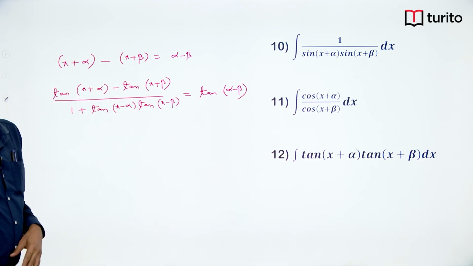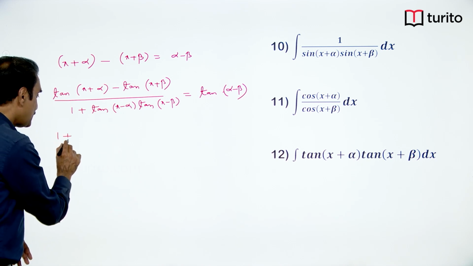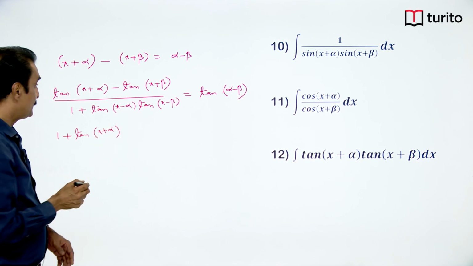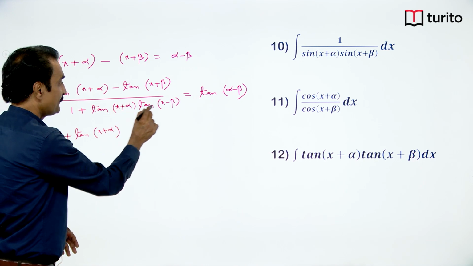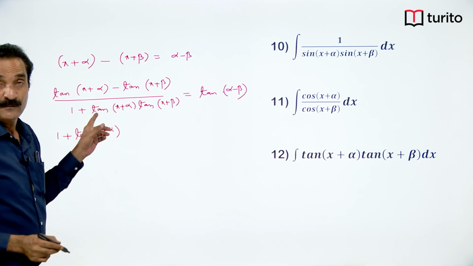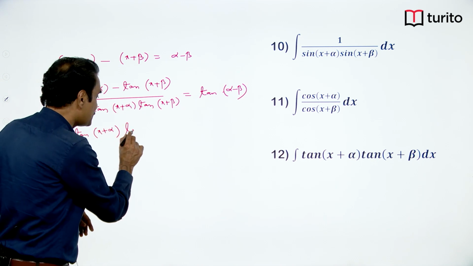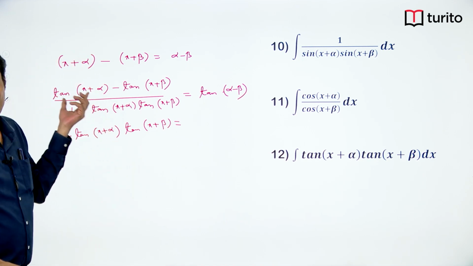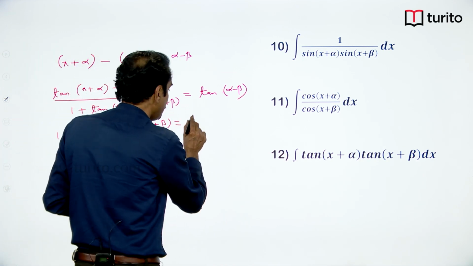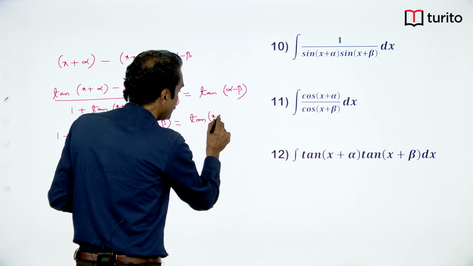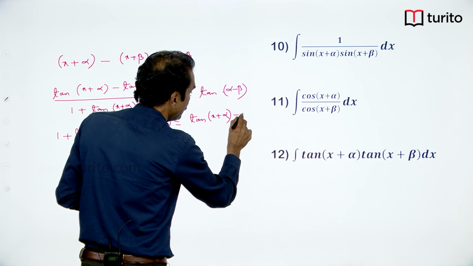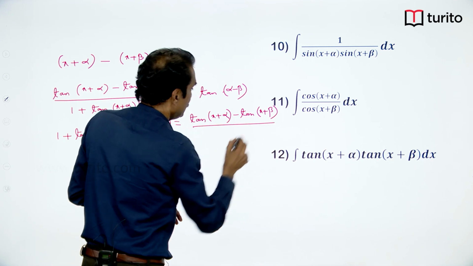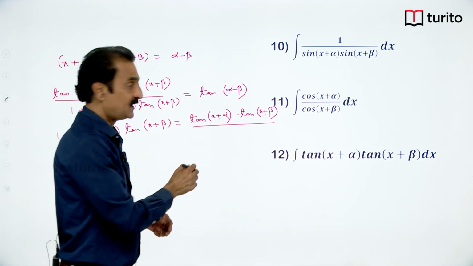Now cross multiplying, we get 1 plus tan x plus alpha into tan x plus beta is equal to tan x plus alpha minus tan x plus beta upon tan of alpha minus beta.